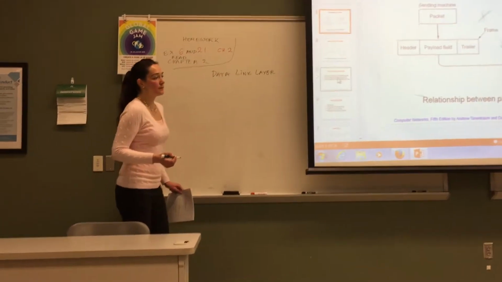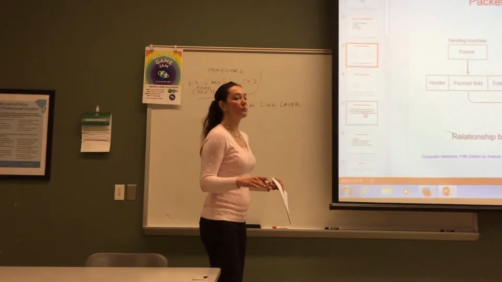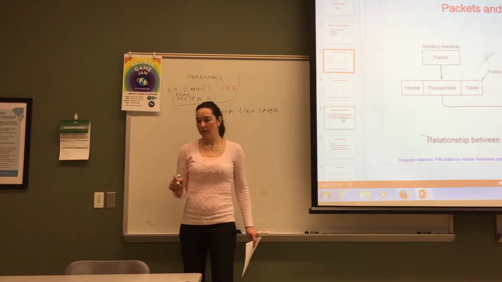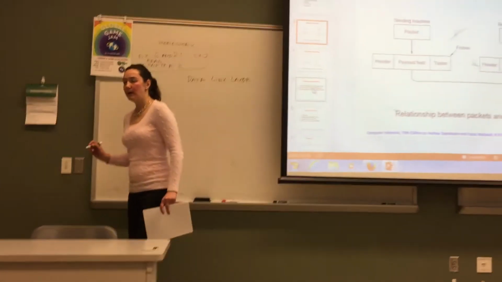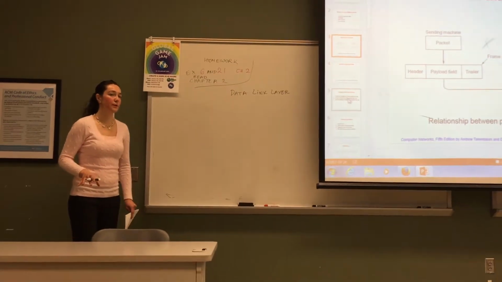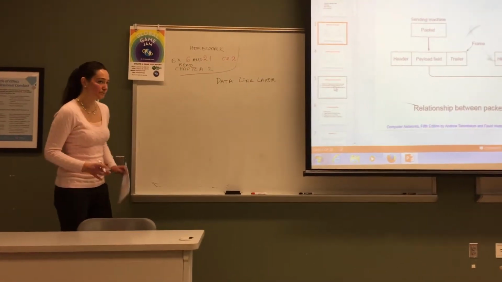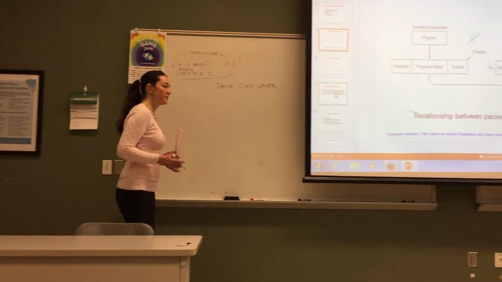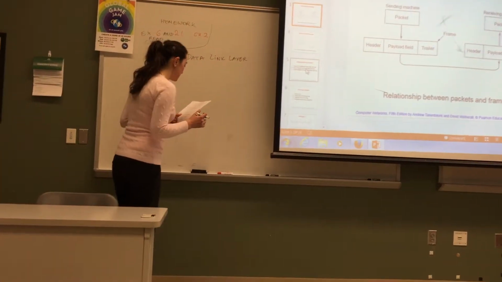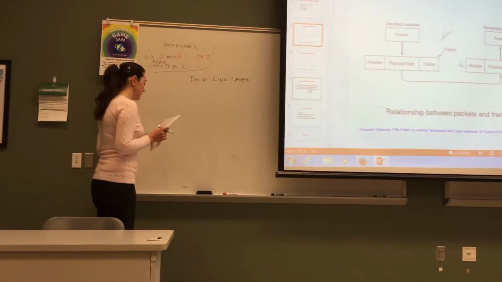That means the machines are close enough to each other that we can connect them with a single cable without needing routers, switches, or anything else in between these two machines. So they have a direct connection, they're close to each other. This is the condition for what we're doing in this layer.